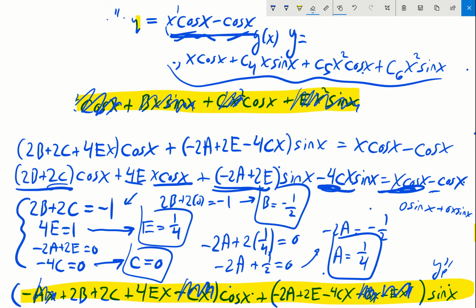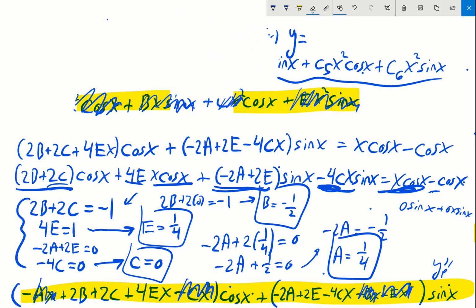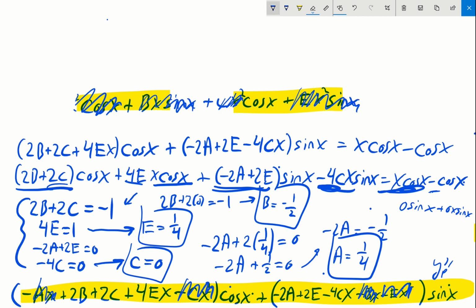So in all total, here's what we've come up with. The entire solution, if you remember, we had from our complementary solution this c1 cosine x plus this c2 sine of x that was already there. The a coefficient was the coefficient of our x cosine x term.